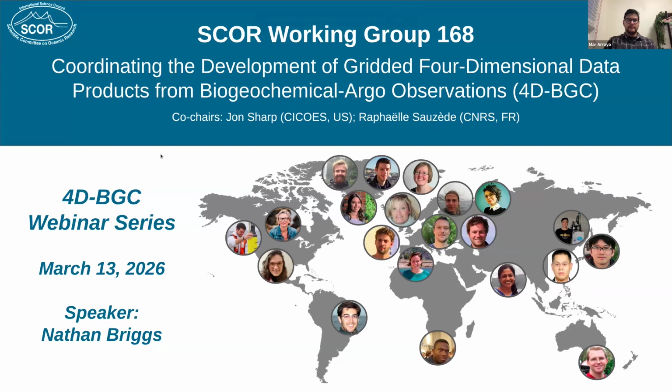Okay, great. So, welcome to this webinar series that is hosted from the SCOR working group for the BGC about the coordination of the development of gridded four-dimensional data products from BGC Argo observations.